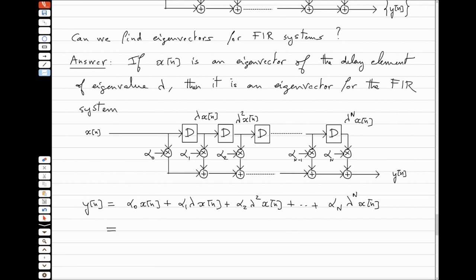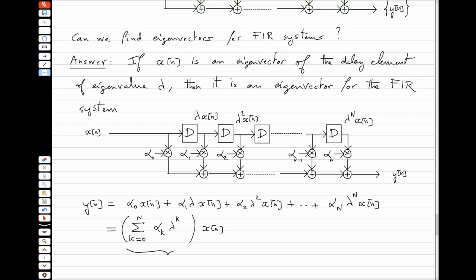Now I can factor out x of n, right? I can put it in summation: the sum of alpha k lambda to the power k, where k goes from 0 to n.